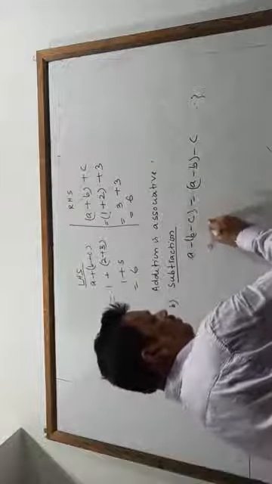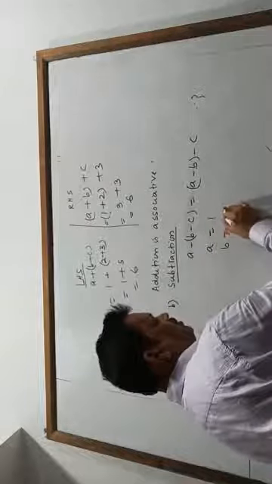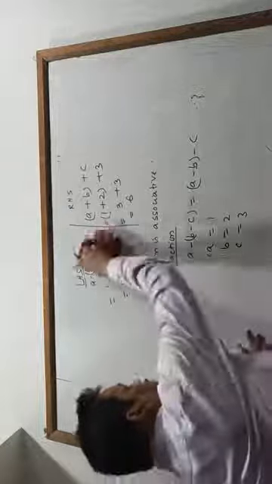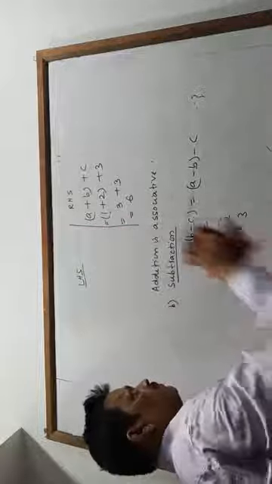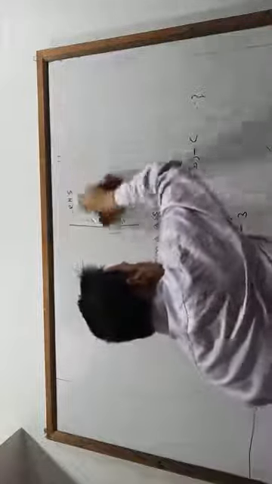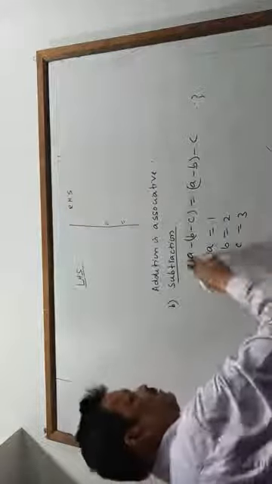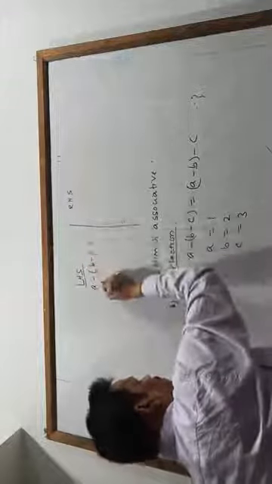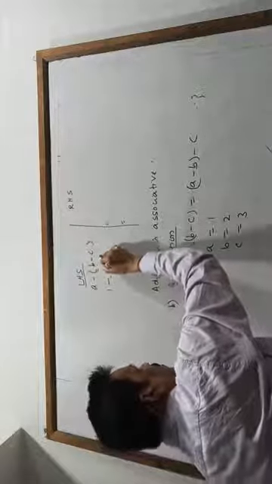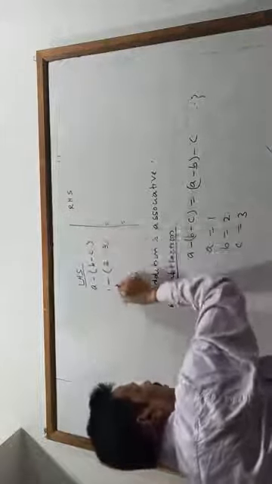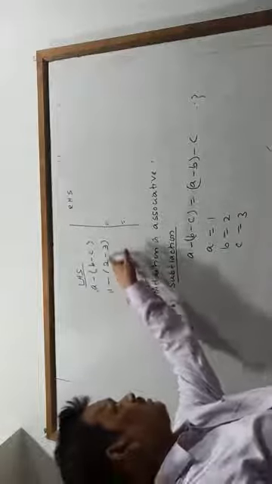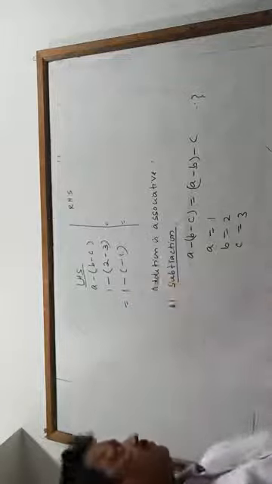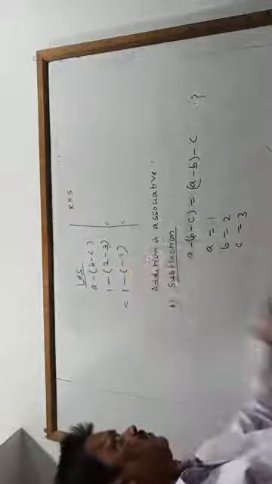Suppose A equals 1, B is 2, C is 3. So do left hand side: 1 minus 2 minus 3. Look at 2 minus 3. 2 minus 3 is minus 1.